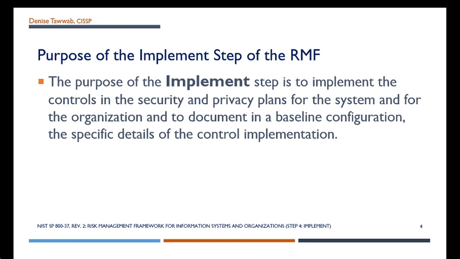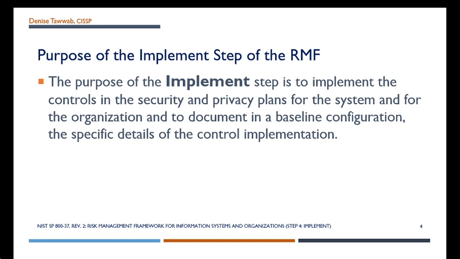The purpose of the implement step of the NIST Risk Management Framework is to implement the controls in the security and privacy plans that you created for the system and for the organization, and to document in a baseline configuration the specific details of the control implementation.